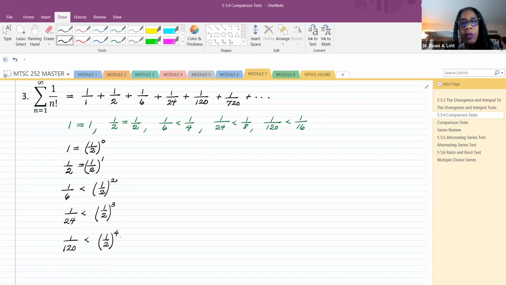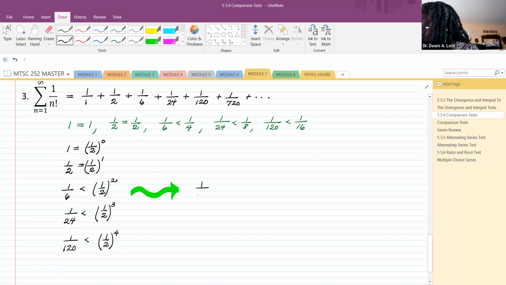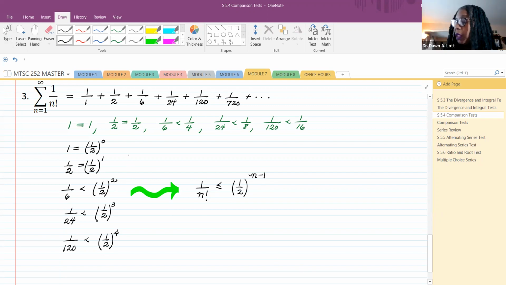And I can keep going, and I can see that my general rule for this is that 1 over n factorial is always less than or equal to 1/2 to the n minus 1. So it's equal in the beginning, and then it becomes strictly less than.